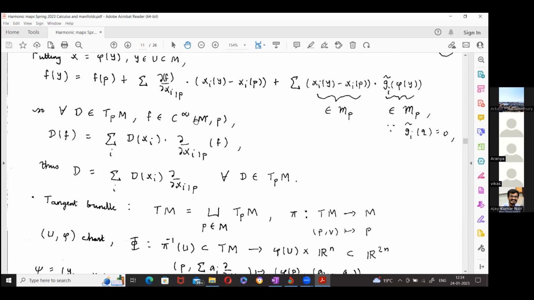Okay, good. Once we've got the tangent spaces, we can form a new manifold from the union of all the tangent spaces, which will be important for us. This is called the tangent bundle. So TM is defined to be the disjoint union over P in M of the tangent spaces TPM.